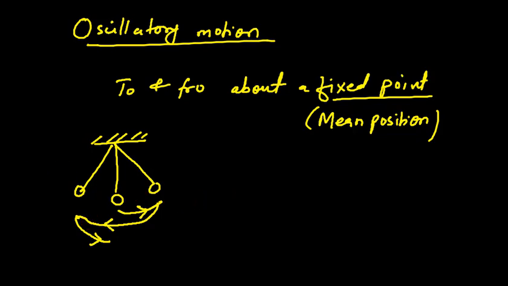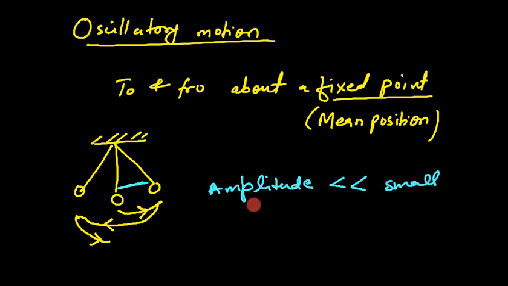Now, if this distance, which is called amplitude, is extremely small, this motion will be called vibratory motion.